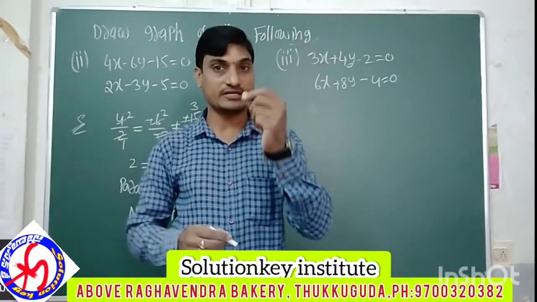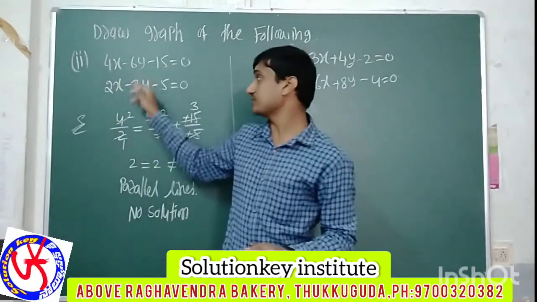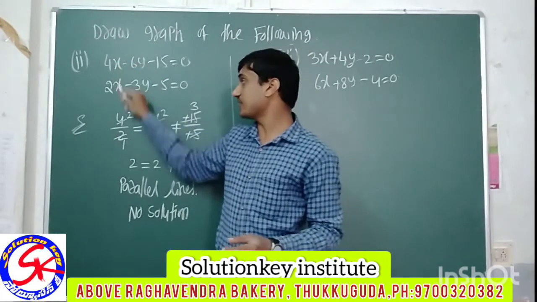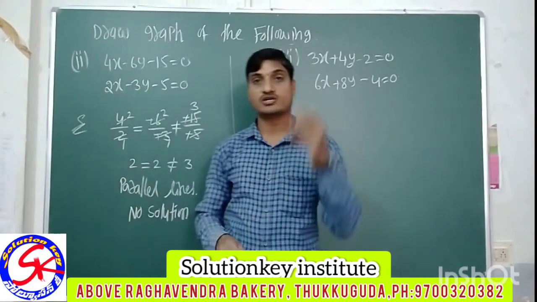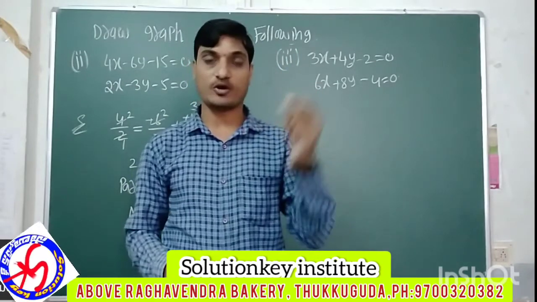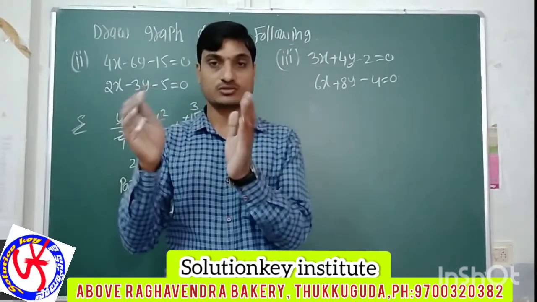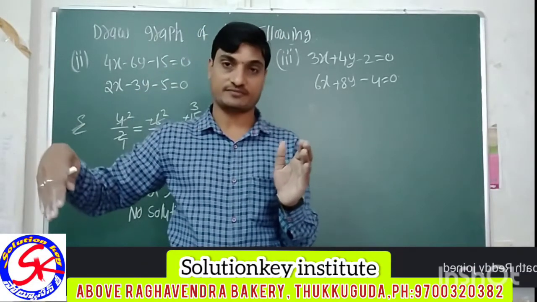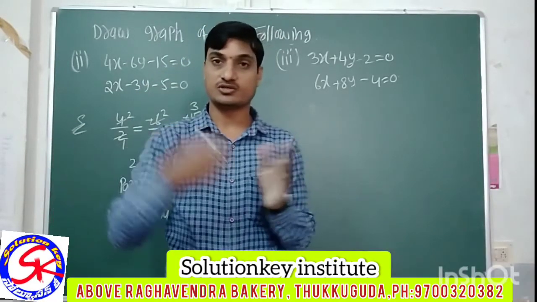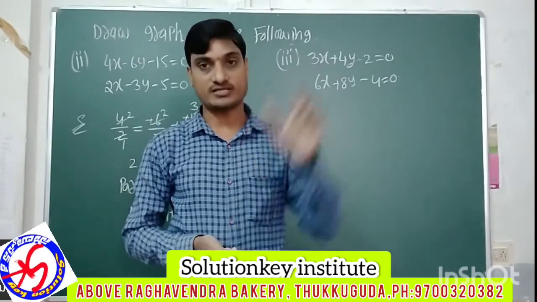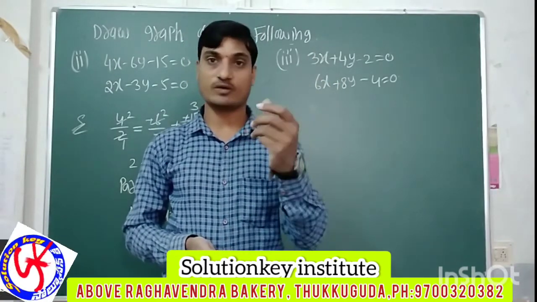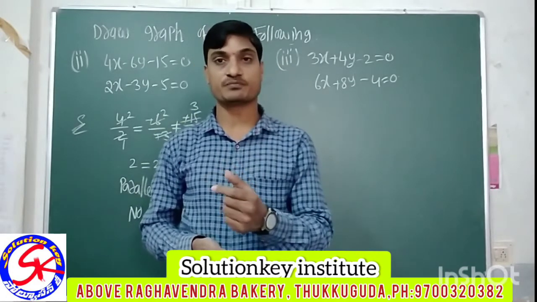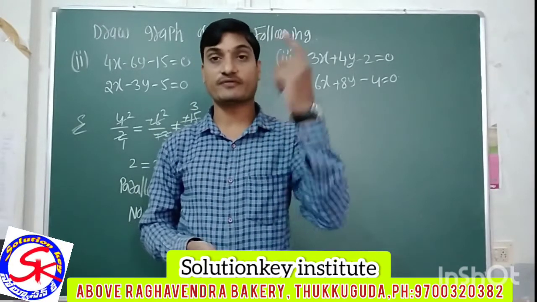Both equations' points should be on the same line, collinear. If that line is a straight line, your points are right. If you are not getting a straight line, it means you are making some mistakes, so verify your result once again.